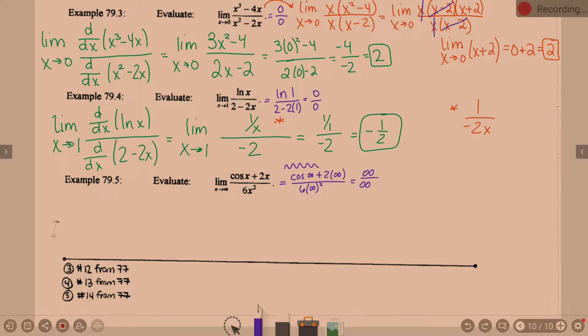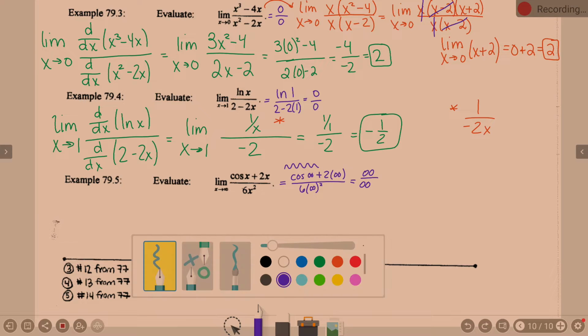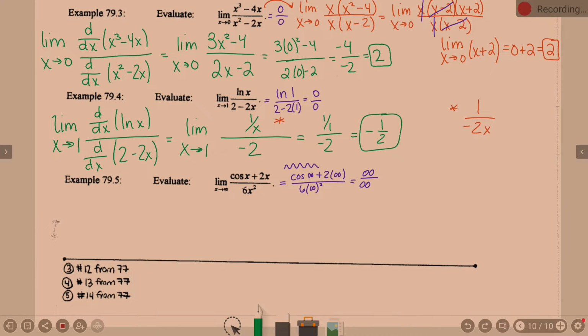Cosine will be as low as -1, as high as 1. So this cosine of infinity, its value is somewhere between -1 and 1. When you add that to infinity, though, it's still going to be infinity. Important thought, because we have to have that thought for this upcoming step.